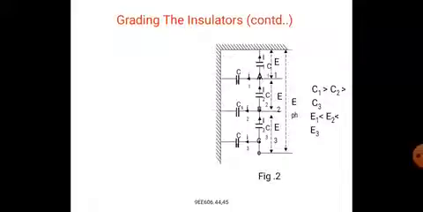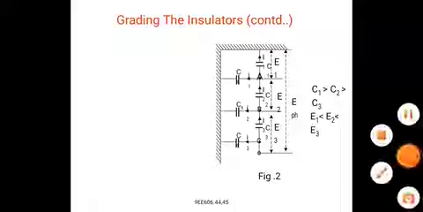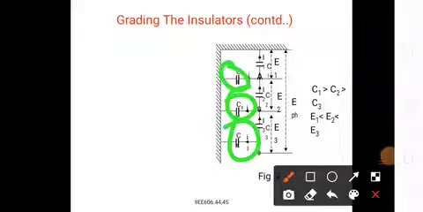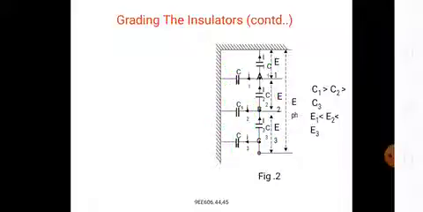So here, these three shunt capacitances CS are equal. These three are different capacitances with different voltages. So C1 is greater than C2, C2 is greater than C3. Similarly E1 is less than E2, E2 is less than E3. CS is the shunt capacitance and C1, C2, C3 are the mutual capacitances of each disc.